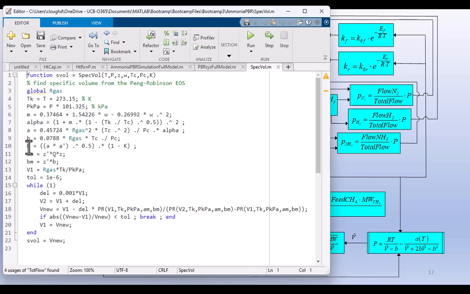These are all the initial parameters, and then we go into a while loop, and we use the modification of Newton's method, which is the modified secant method, in order to solve for the specific volume using the Peng-Robinson equation, all right, which we'll look at in a moment.